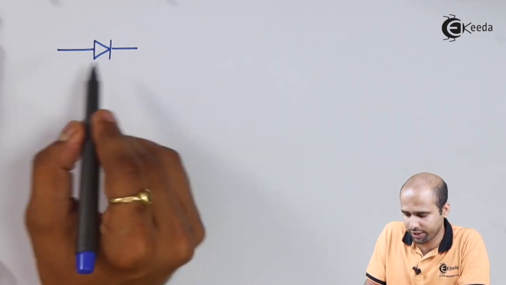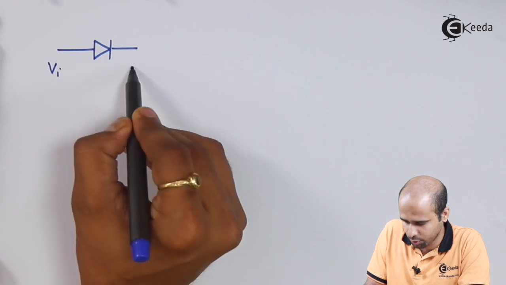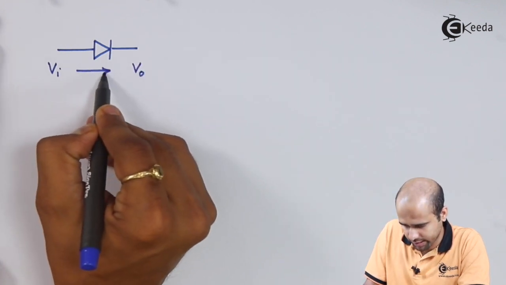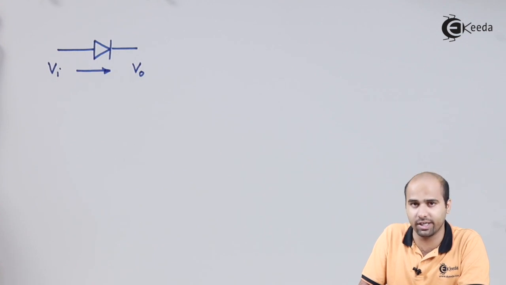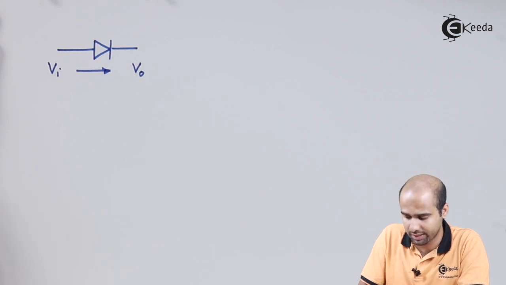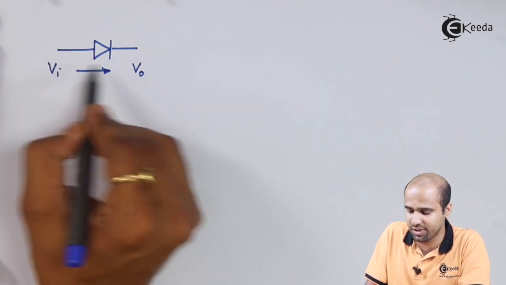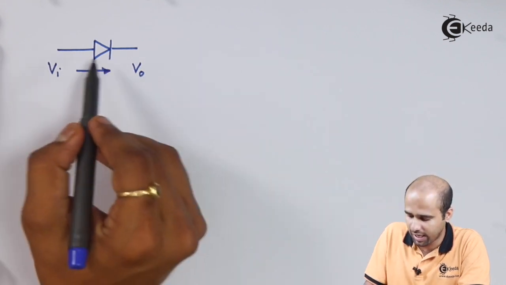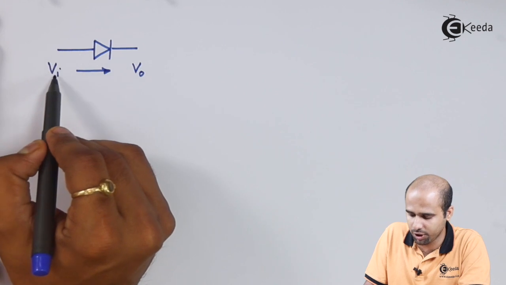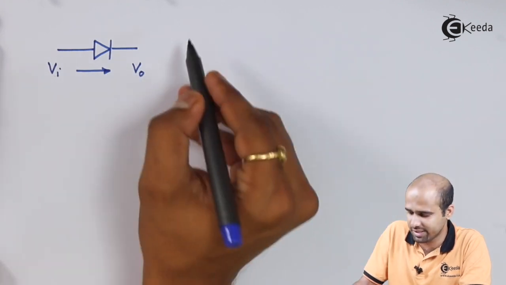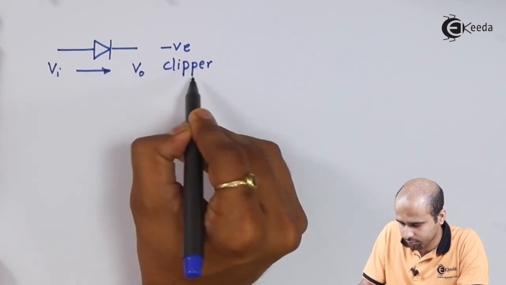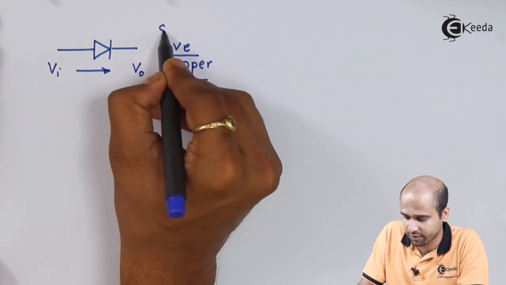When the diode orientation is from input to output, I'm taking this direction, which is nothing but the direction of the diode. As this is in between input and output, it's a series clipper. And this is from input to output, so this is a series negative clipper.